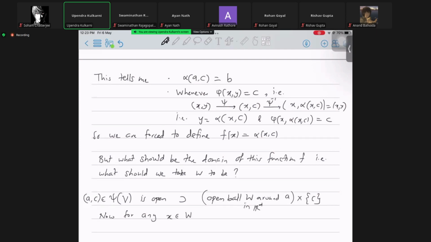Now for any x in W, we know that (x, c) is in psi of V. Therefore, so sorry, I'm getting confused myself a little bit with all this set theory, but this should now just take us home free. Okay, so (x, c) is in psi of V.